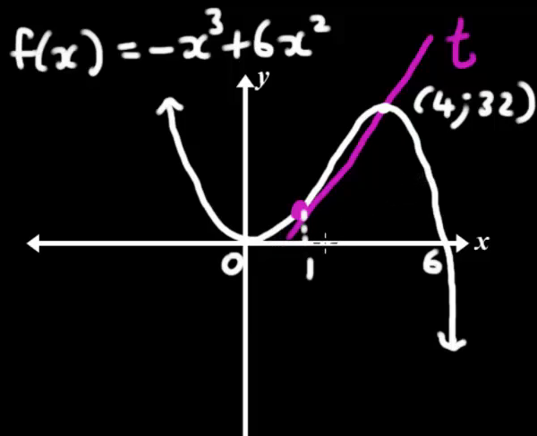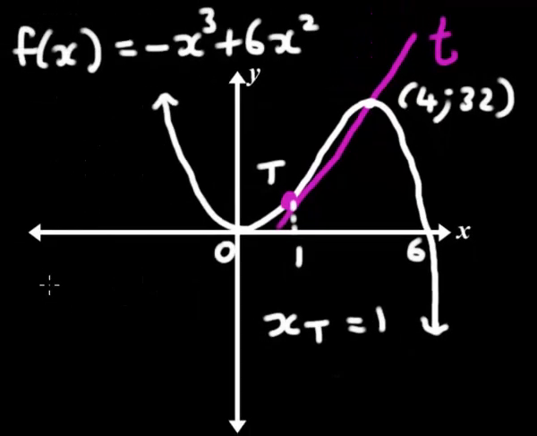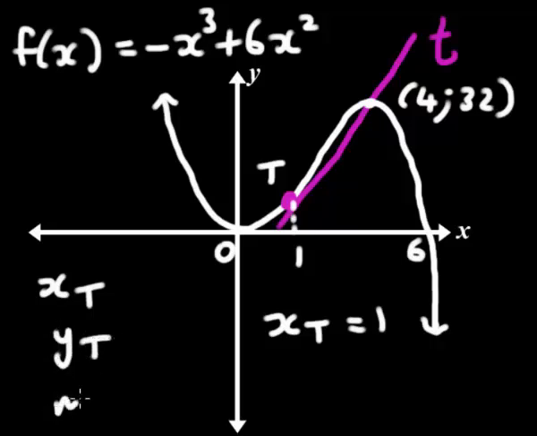I want you to focus on the x value as 1. So we've got the x of the point of tangency. Let's call that t, which is equal to 1, and we want to determine the equation of the tangent at x equals 1. Now remember, what do we need? We've got the x of t, we need the y of t, and the gradient of that purple tangent.